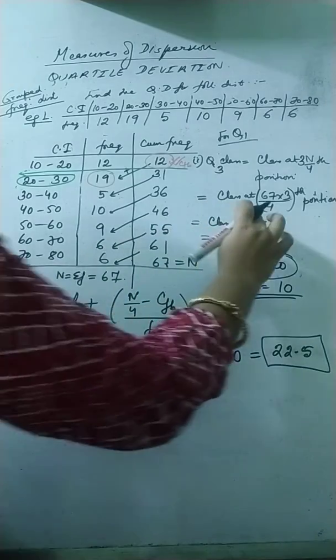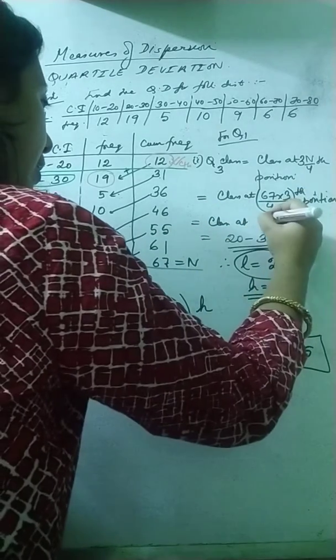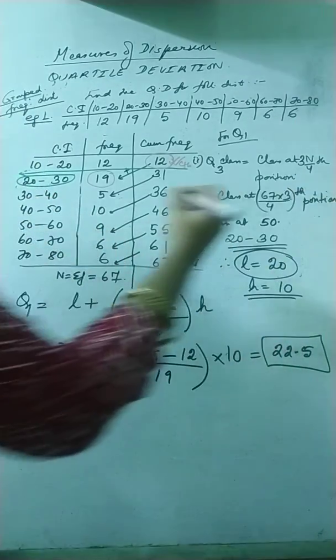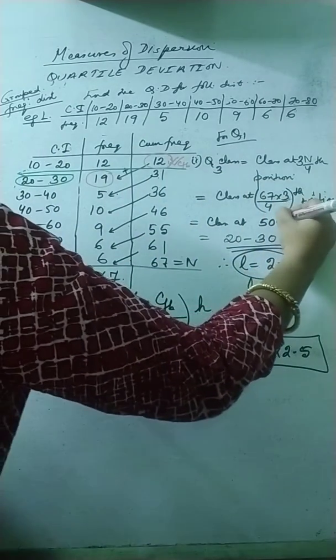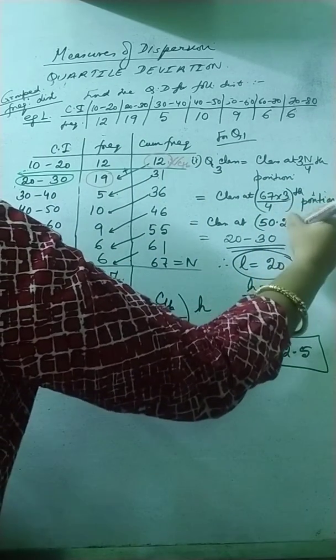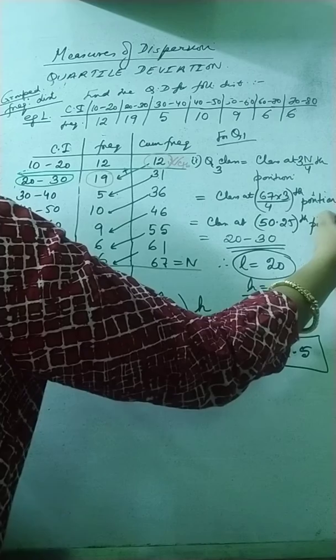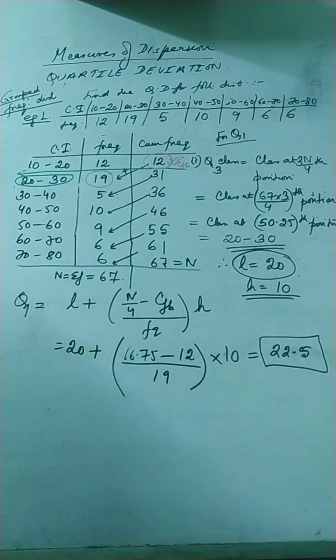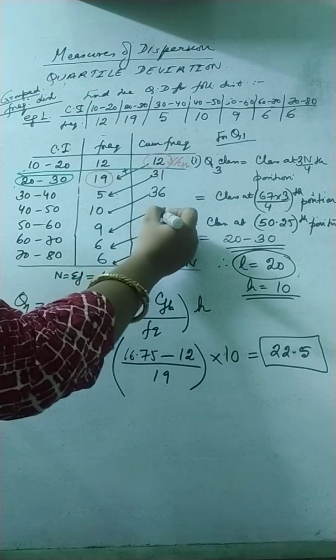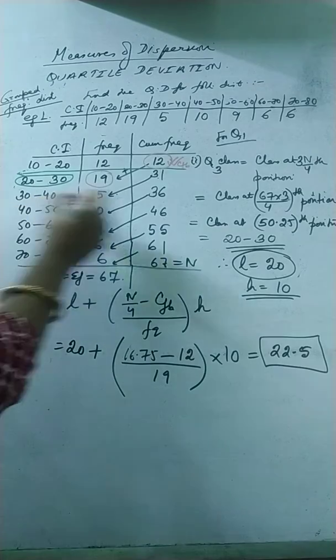It is 50.25. 50.25th position. That means beyond 50th position. So beyond 50th position, what do we have? Let us see that from the table. Okay. Till here, till 46th position, you have this interval.